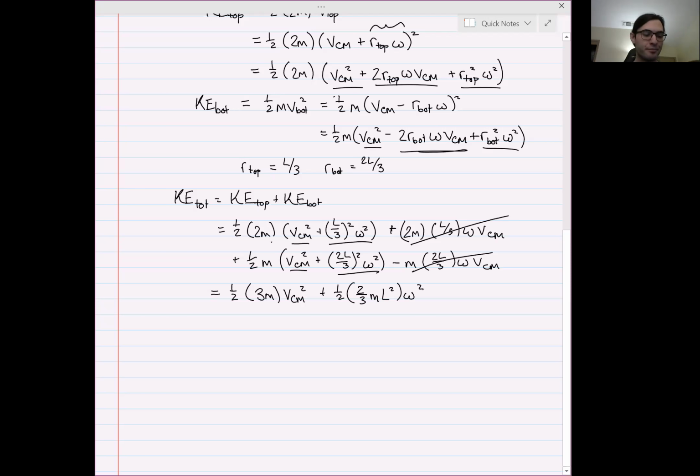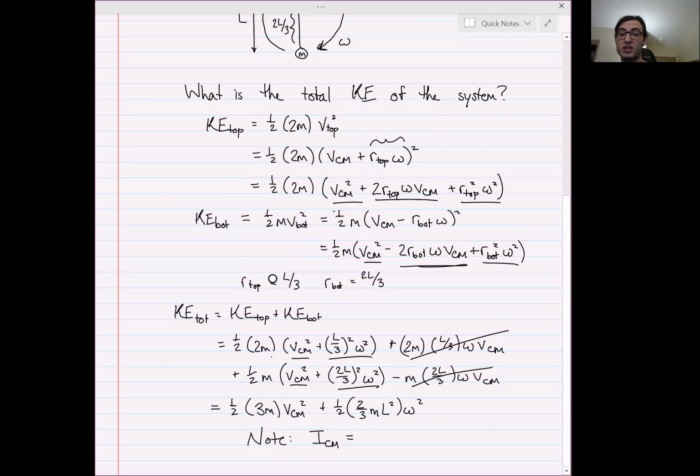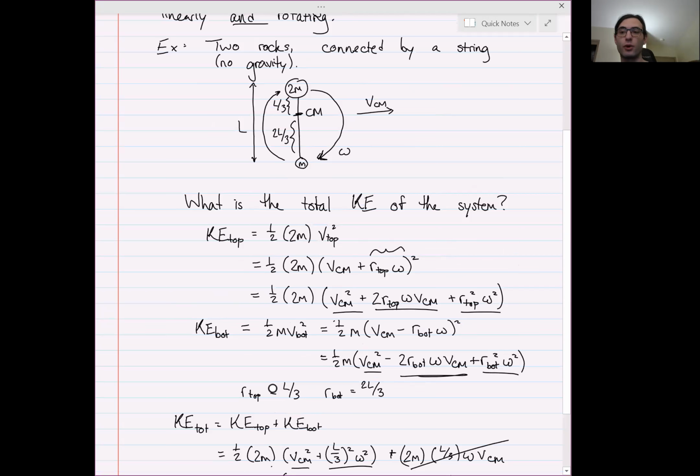Now, just as a note, the moment of inertia about the center of mass of the system is the sum of the moments of inertia of each individual part. And this is just a discrete system, right? We know how to find the moment of inertia of a discrete system. You just do m times r squared for one of the objects plus m times r squared for the other object.